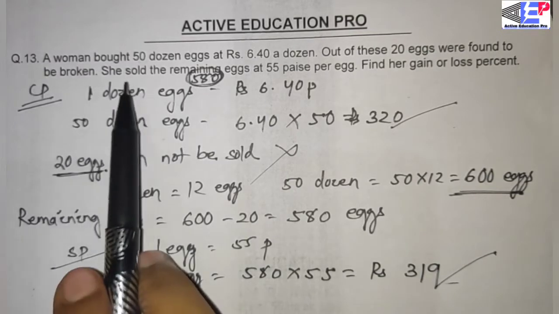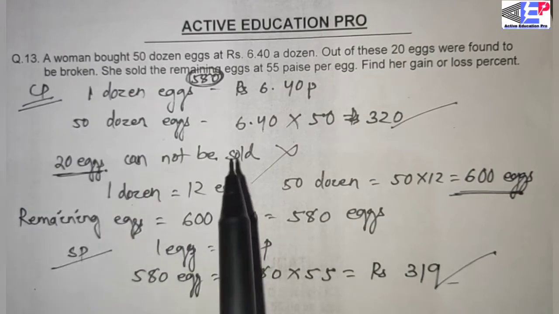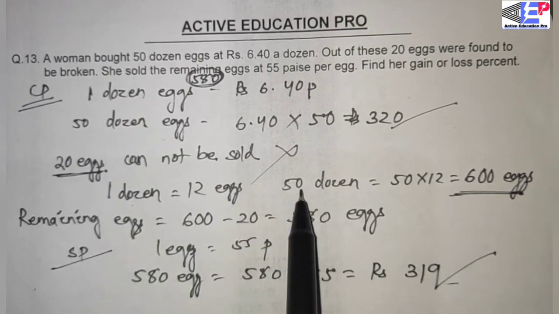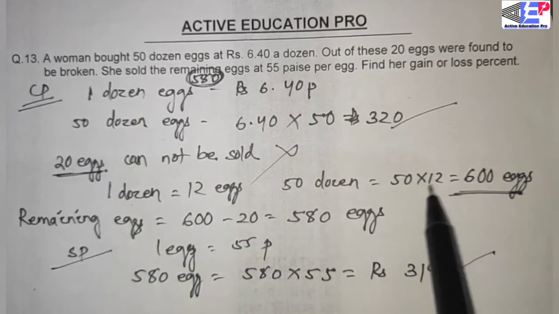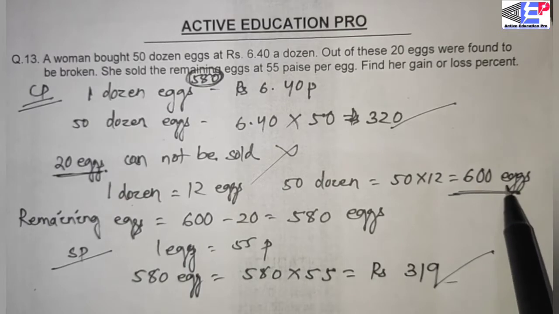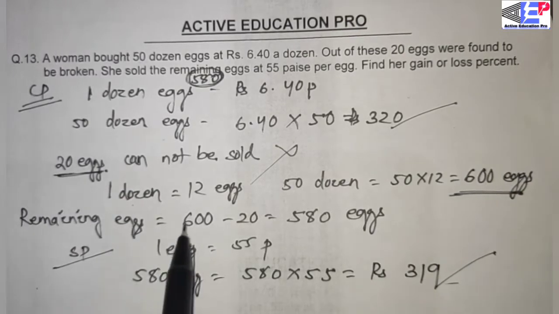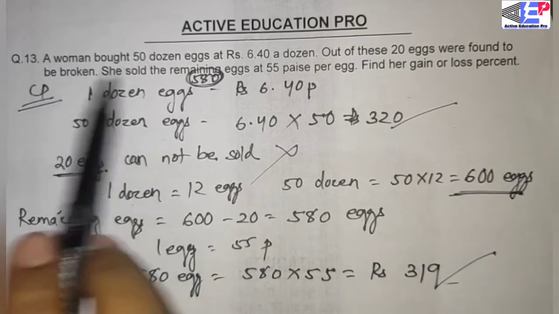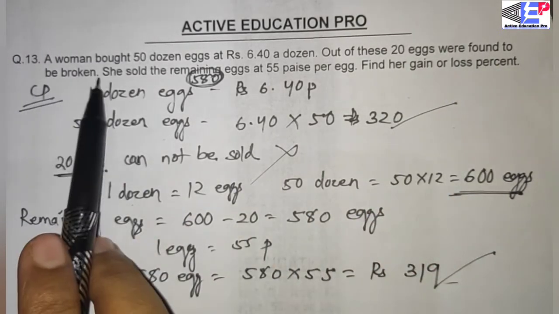So first find out the number of remaining eggs. Here 1 dozen carries 12 eggs, so 50 dozen will carry 50 into 12, which is equal to 600 eggs. The remaining eggs will be 600 minus 20, where 20 is the number of broken eggs. The question says these 20 eggs were found to be broken.